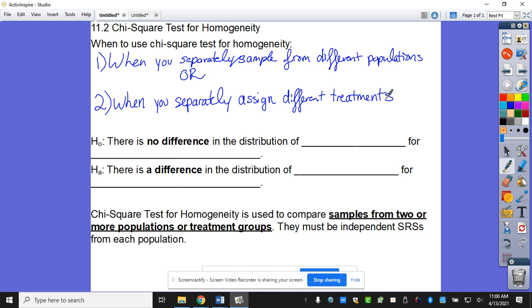So our null hypothesis is that there is no difference in the distribution of some categorical variable, because we only have one now, for our specific different populations or treatments.